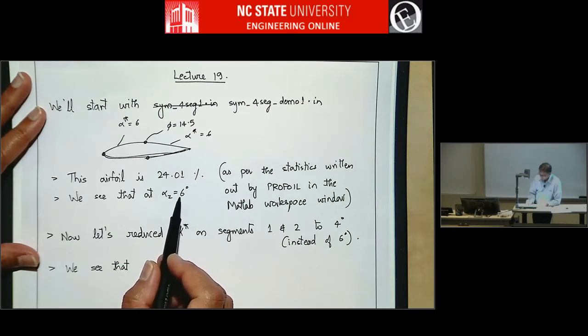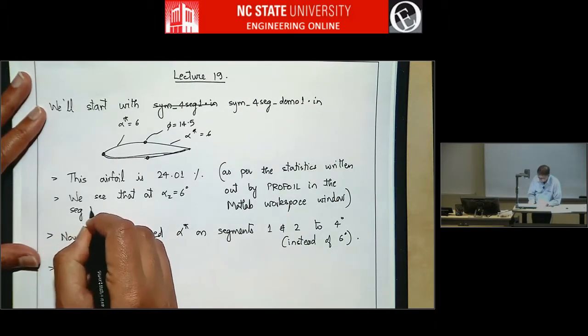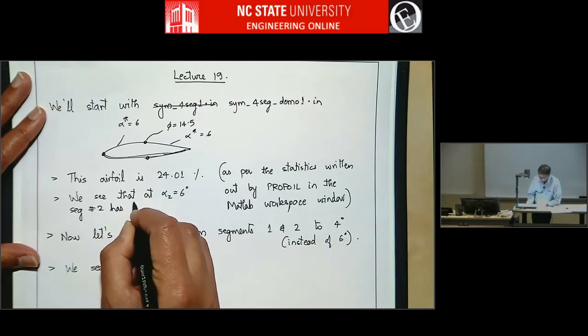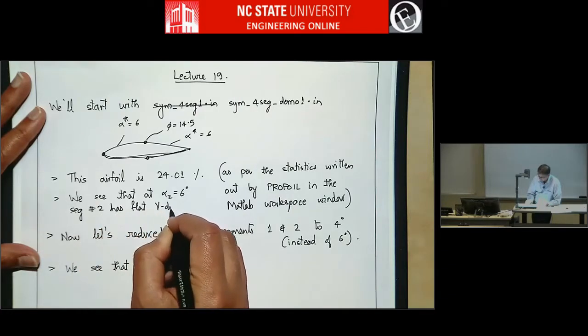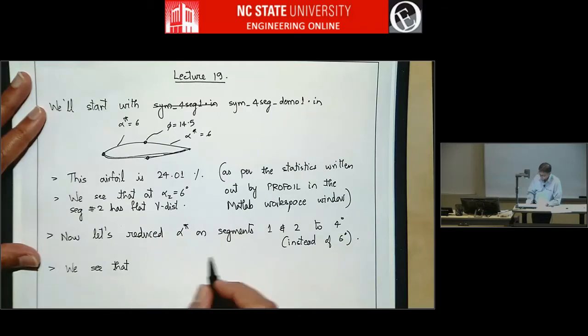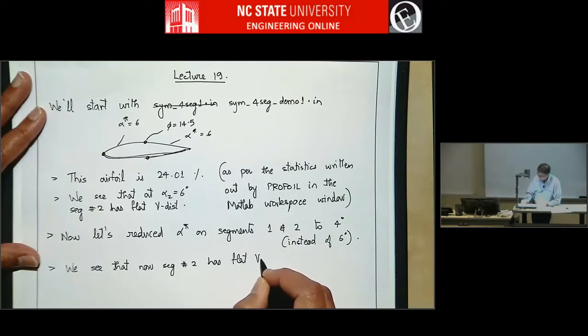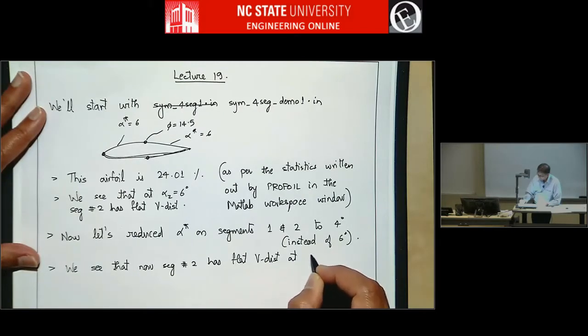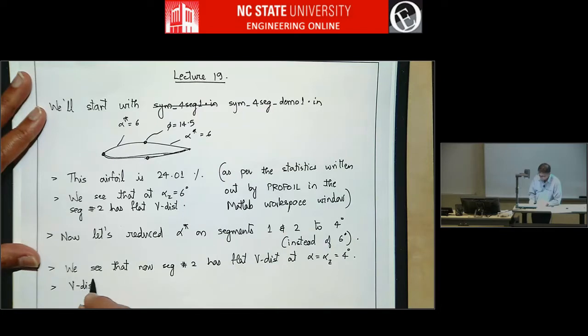We see that segment number 2 has flat velocity distribution. When you make the change, we see that now segment number 2 has flat v-dist at alpha z equals 4 degrees, and v-dist at alpha z equals 6 degrees is now adverse.